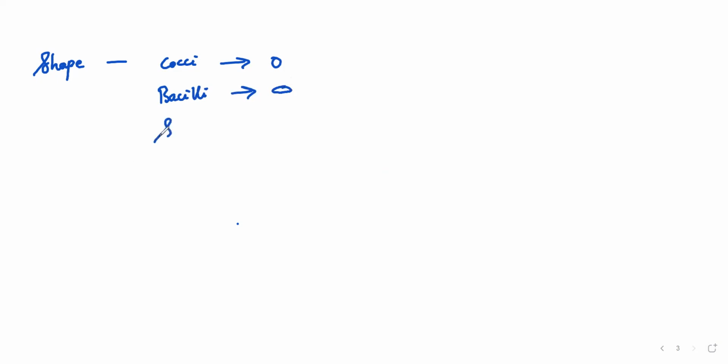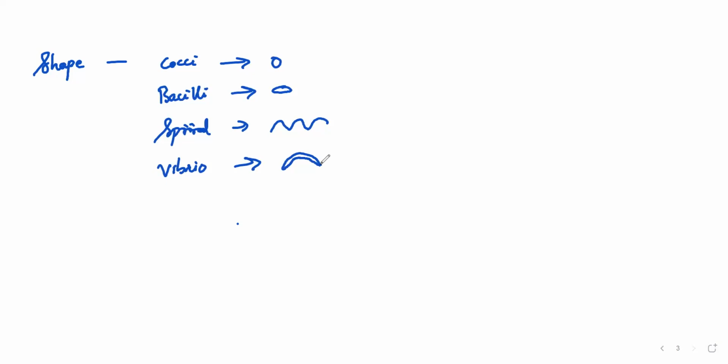Then you can take spiral. Then vibrio shape, which is comma shaped, also called comma shape. So these are the different shapes in which you can find the bacteria or the small microorganisms.